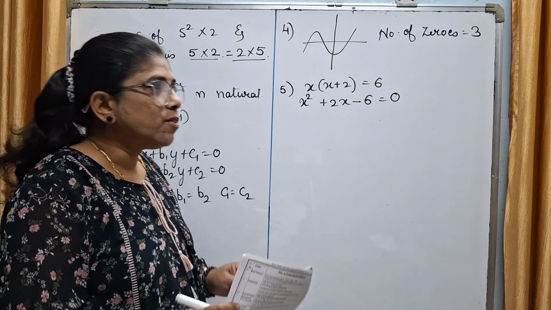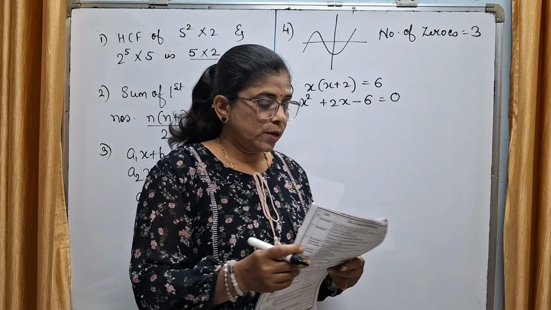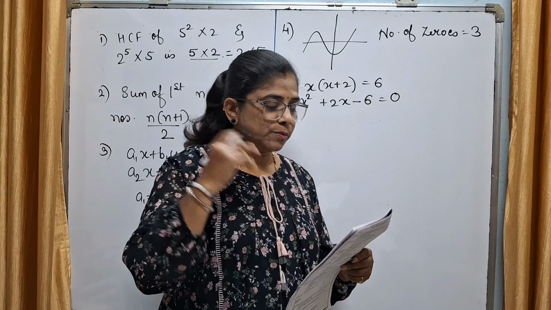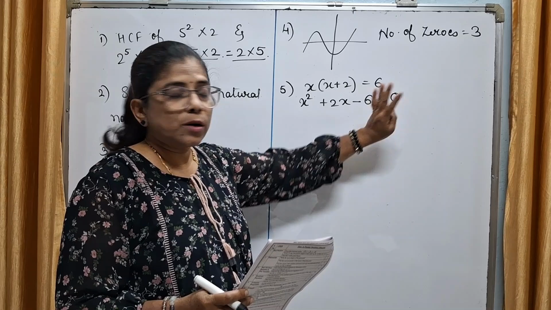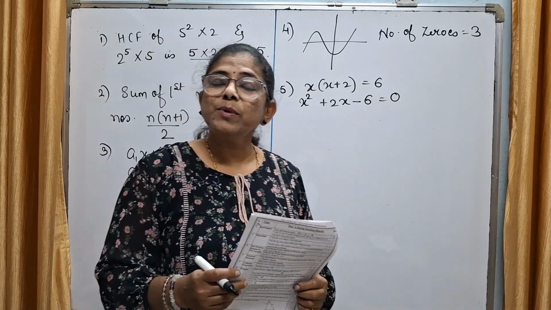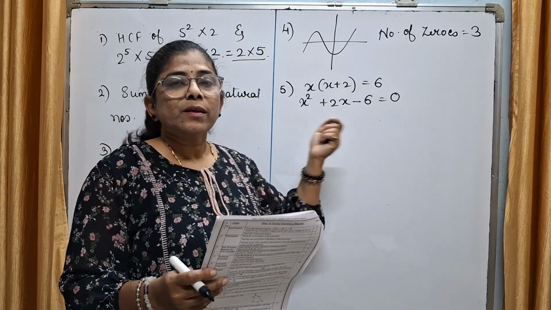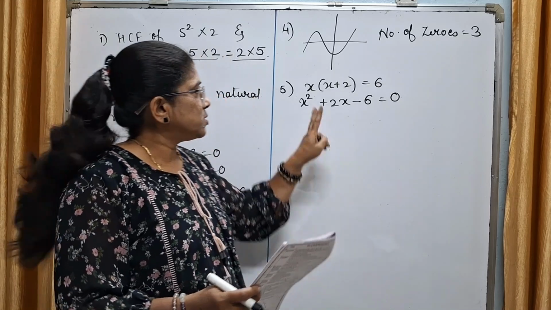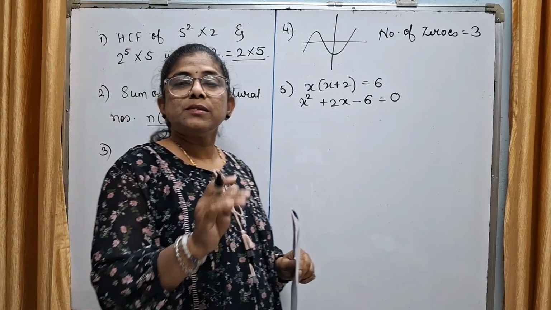Whenever we have LHS equal to RHS, it becomes an equation. So here two options we have, quadratic equation and quadratic polynomial. If this equal to sign is not there, suppose they give only x square plus 2x minus 6, then it becomes a quadratic polynomial. But if it is equal to something, then this becomes a quadratic equation, as the highest degree is 2. Highest degree is 2 means it is quadratic.